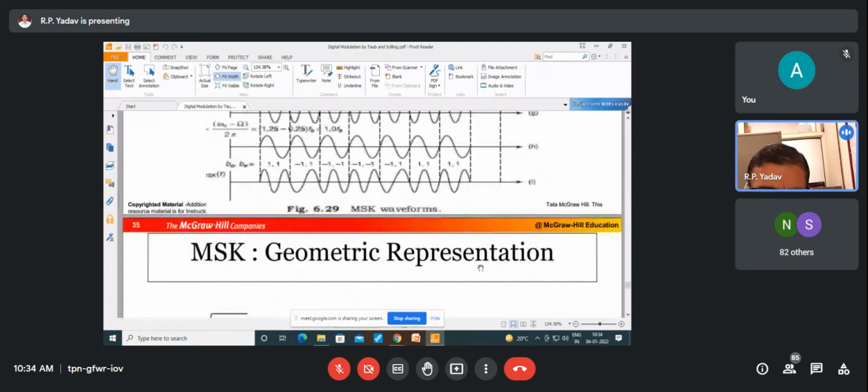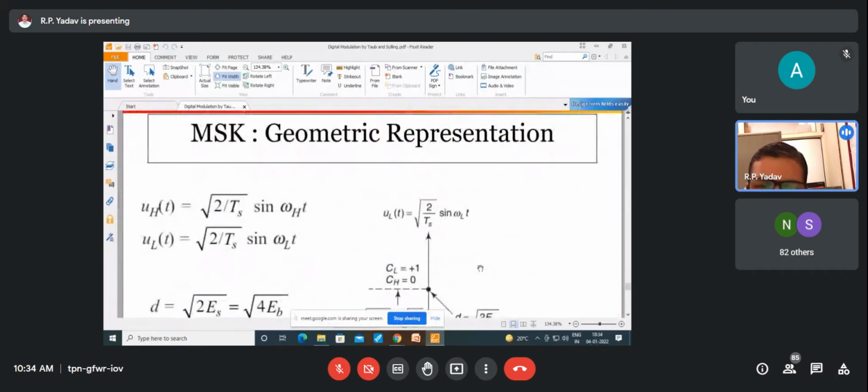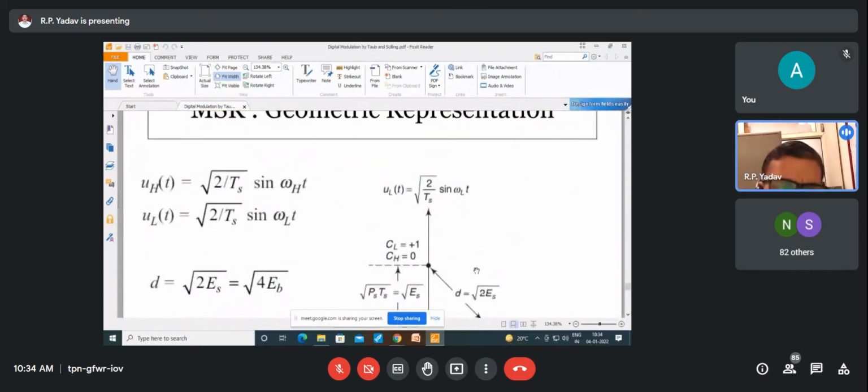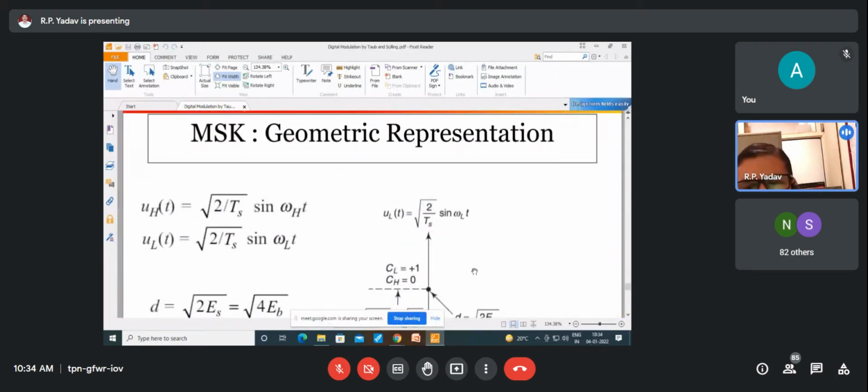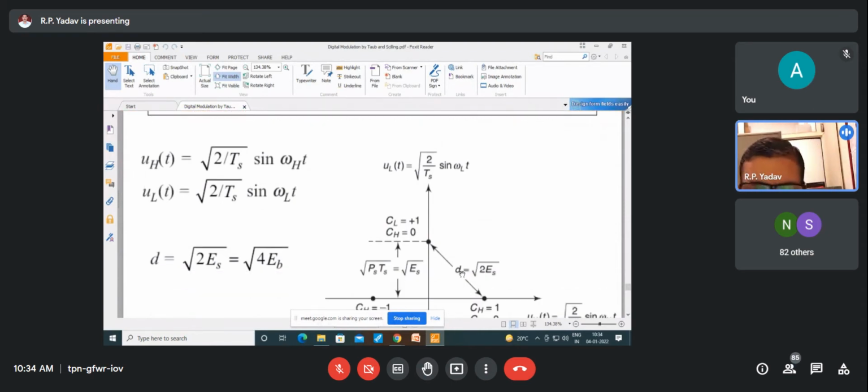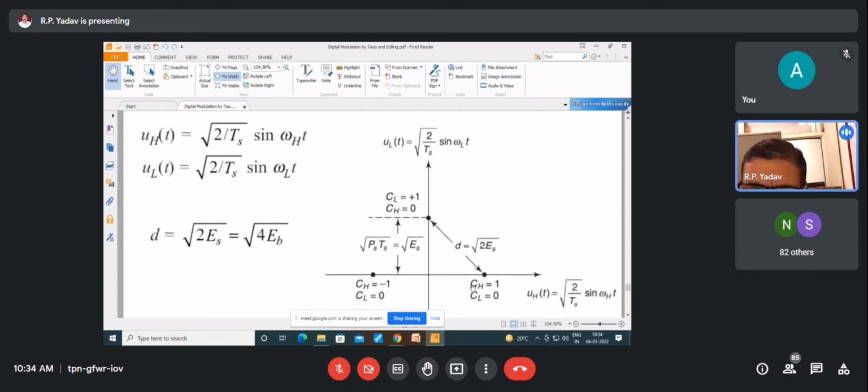Now what is a point that you should try to understand, what is the CH and CL? If you look at the geometric representation or signal space representation of my MSK signal, what are the 2 carriers I have? I have 2 carriers as sine ωH, sine ωL. Look, they are orthogonal. That's the minimum interval that we take so that they can be converted to orthogonality.